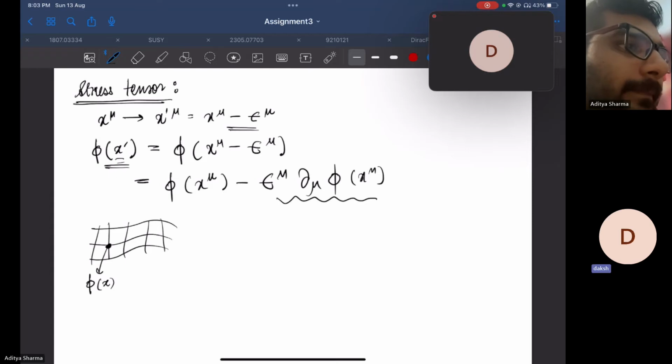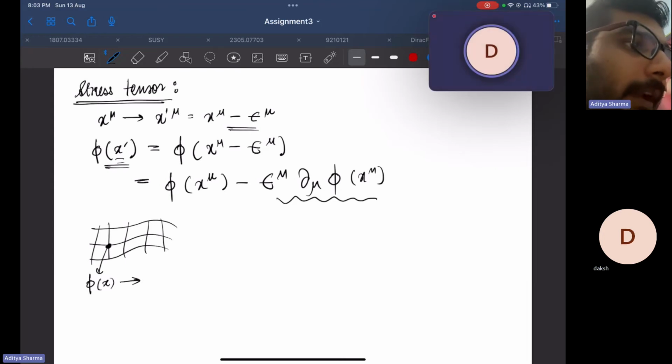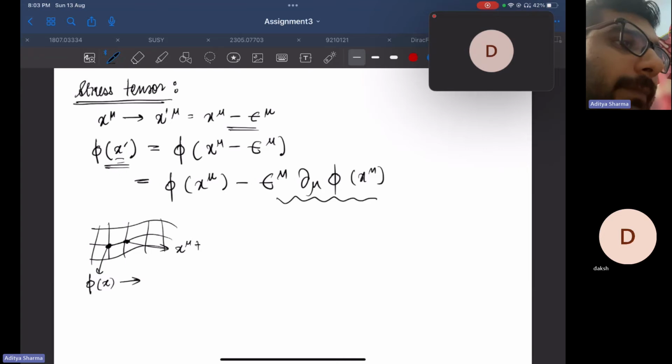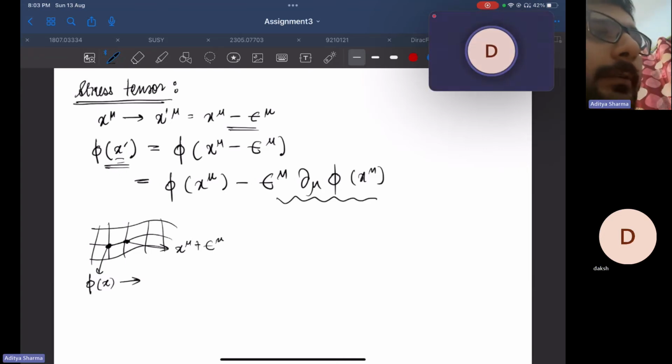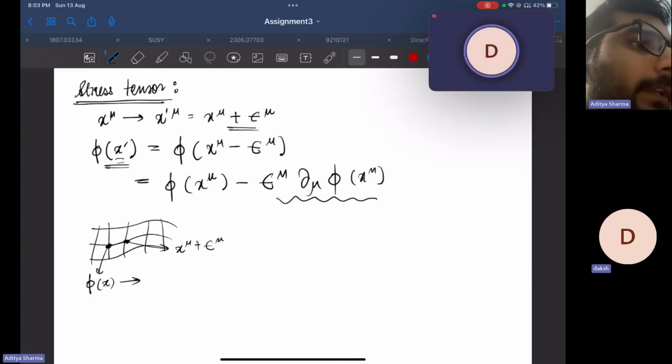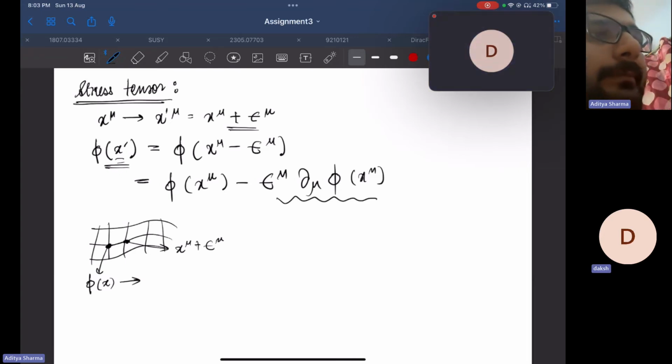Now what we did is we changed the position, say here, x mu plus epsilon mu. How does the field change up to some order?